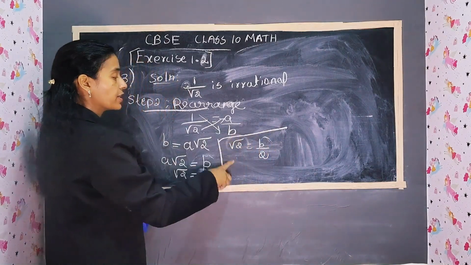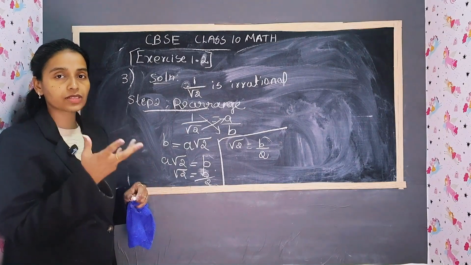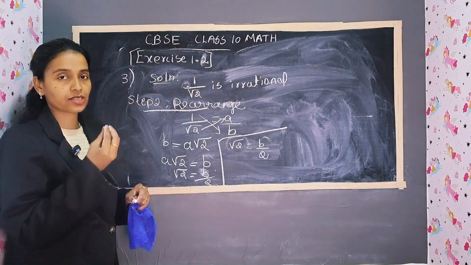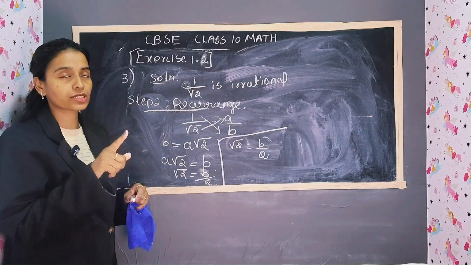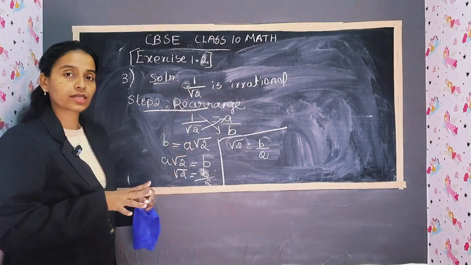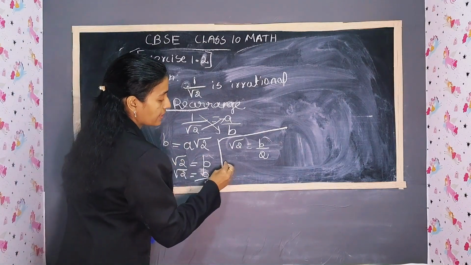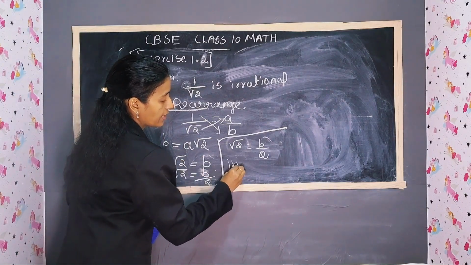Here we have already proven several numbers as irrational. Among those, root 3 is irrational, root 5 is irrational, root 2 is also irrational. You can check it out. So I am directly writing root 2 is irrational.